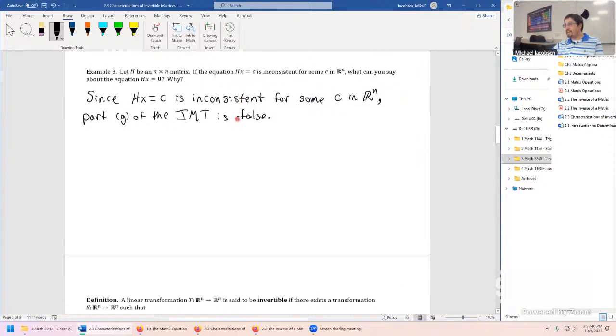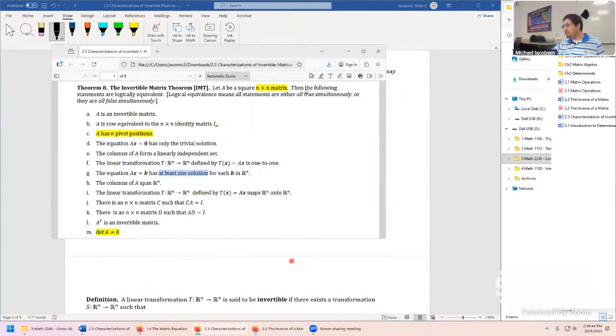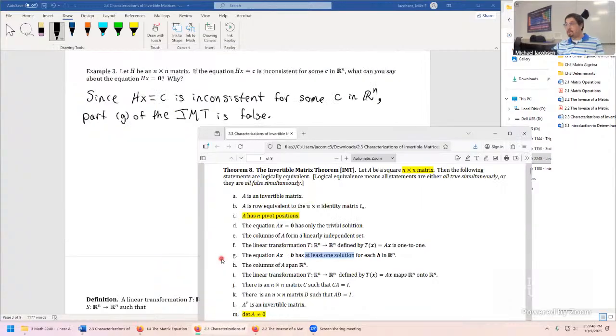So now that we've said that, we have A through M different statements we can take a look into, minus part G. We just kind of used it up already by making that observation. But every single statement here is now false. The question said, what can you say about the equation Hx equals 0?